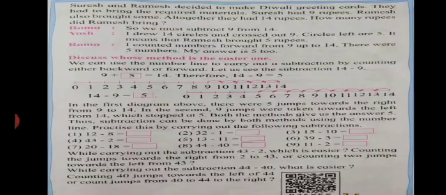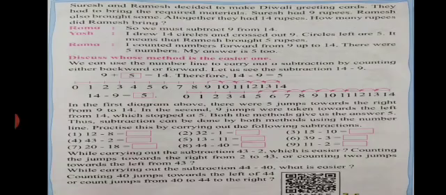Count numbers forward from 9 up to 14. 10, 11, 12, 13, 14. We are required to count 5 numbers ahead of 9 to reach 14.